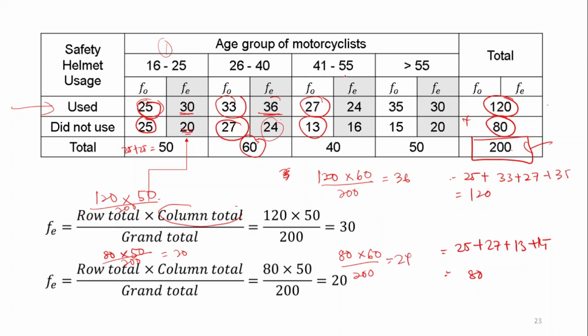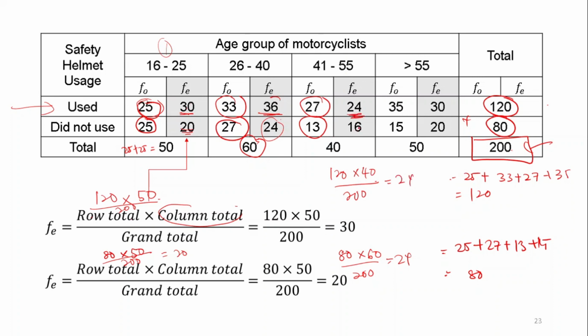Then follow with the third column, the last column. For the first row, 120 times the total column for the third column, 40, divided by grand total, so you get 24.